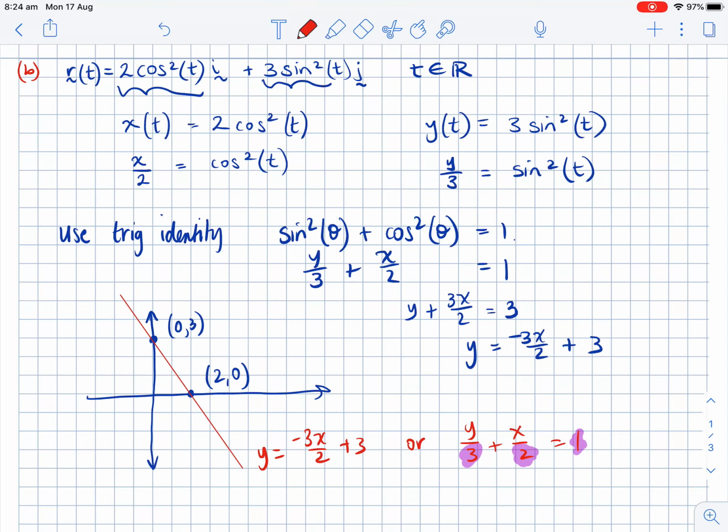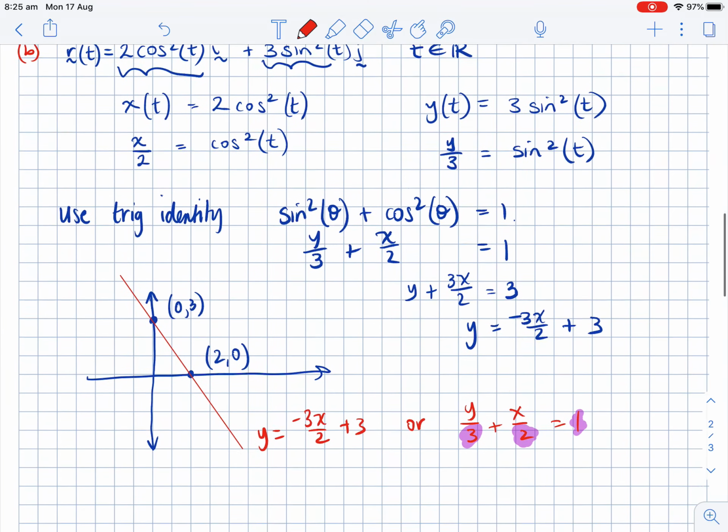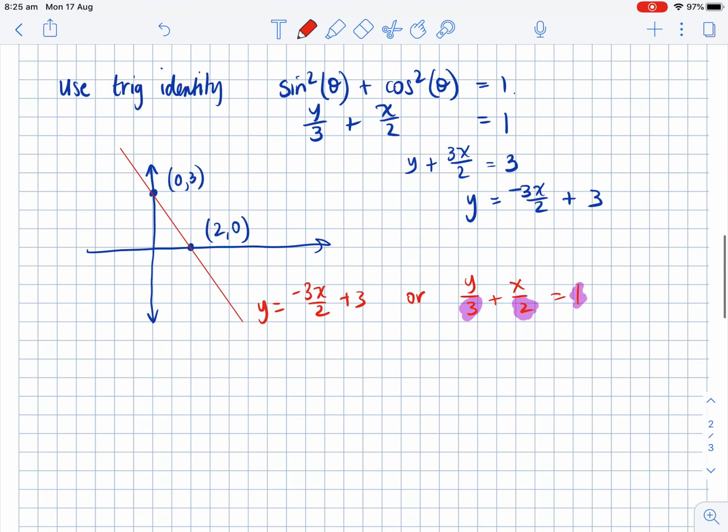Okay, now I've got to state the domain and the range of each of these values. So I need to start thinking about, what does a cos squared graph look like? So have I considered everything here? I've got x of t is equal to 2 cos squared of t.